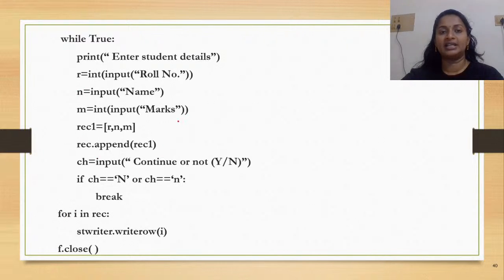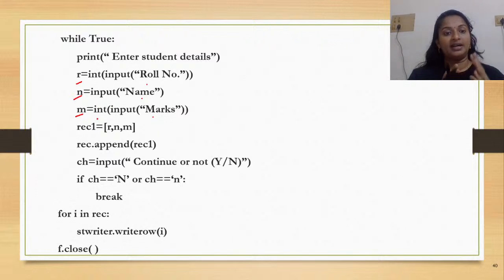I have written a loop here, while True, and inside this I am prompting the user to enter the student details. So what all am I reading? I'm reading the roll number, name and marks, and it is getting stored to the variables R, N and M respectively. See the order in which I have read roll number, name and marks.